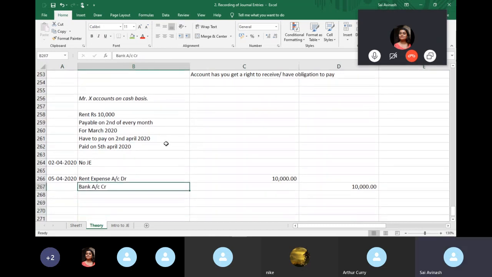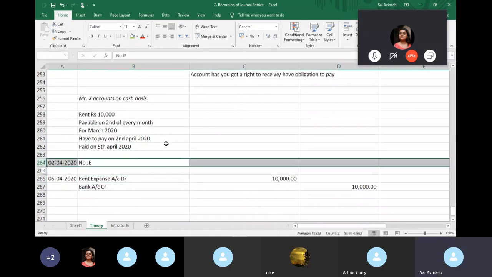The problem with this is, let us say you're showing an investor your books as of 2nd April. You know that by the rules of business, you owe your landlord rupees 10,000 on 2nd April. But your books of accounts won't represent this transaction.